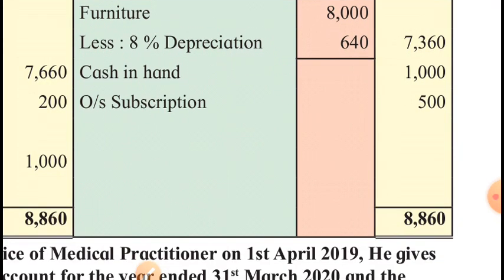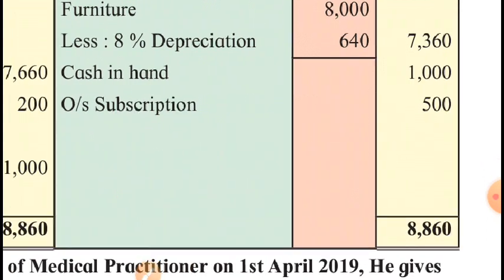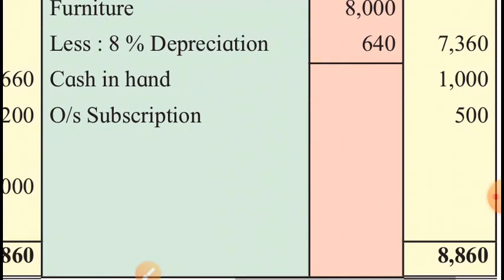I mean the opening balance of the receipts and payment account. And outstanding subscription for this year. It is actually accrued subscription. Subscription earned but not received. So the amount which is receivable, which is to be received, is always an asset for the business, an asset for the organization.